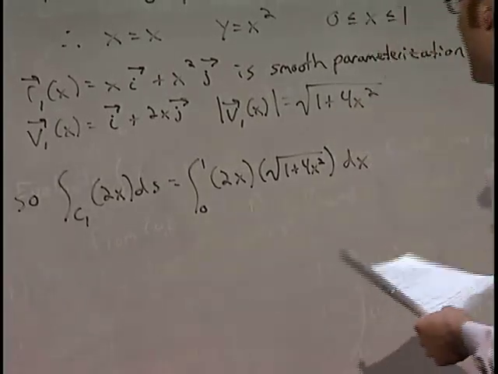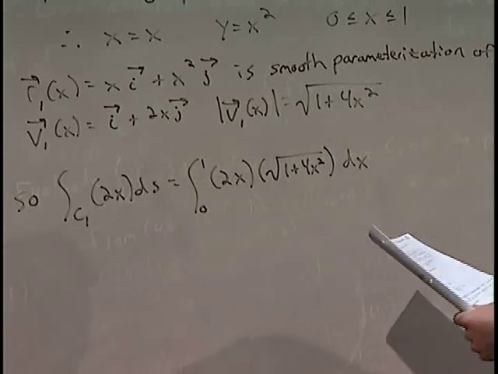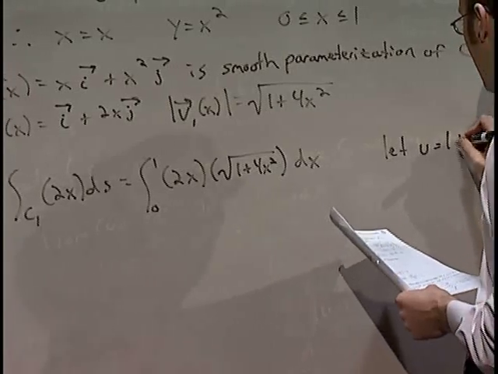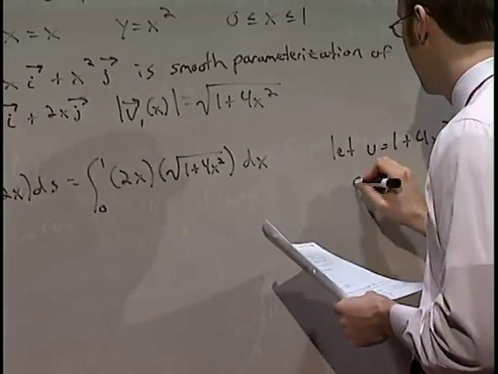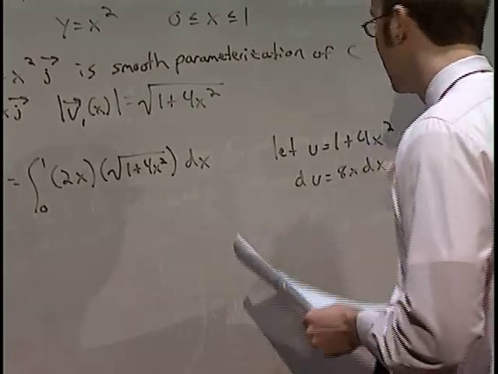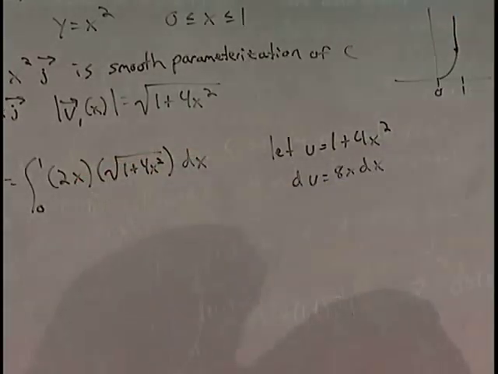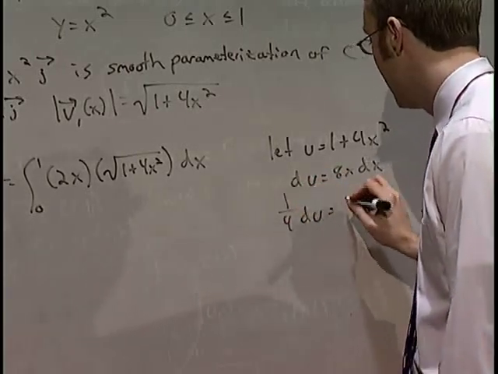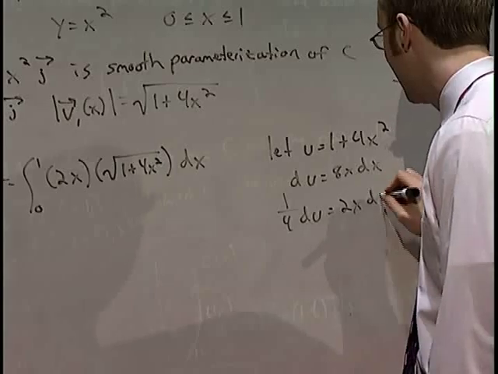So now, how do we want to integrate this? Well, let's see here. We can let u be 1 plus 4x squared. Then du is 8x dx. All right, so there's our 2x and our dx. We like this. So we've got to hit it with a quarter. So 1/4 du is equal to 2x dx.